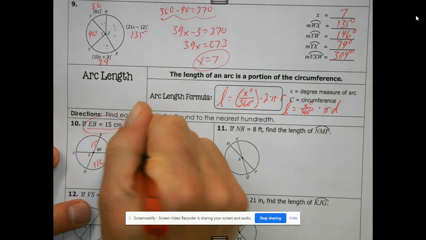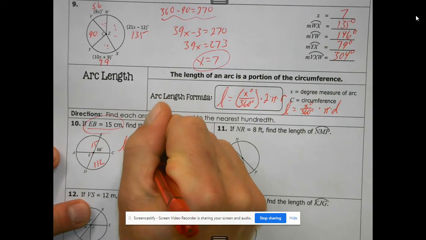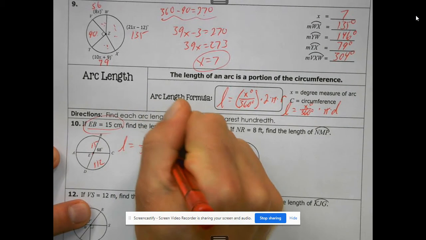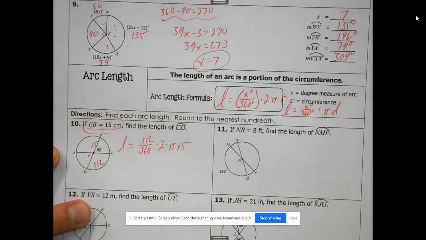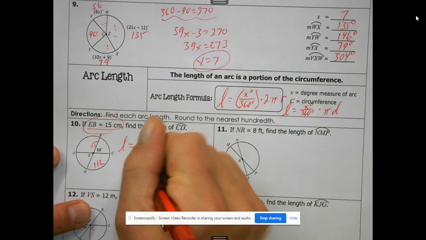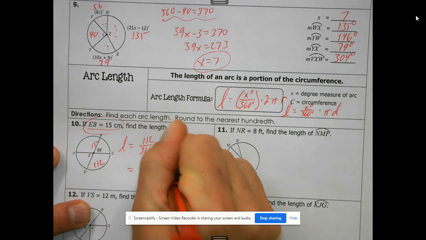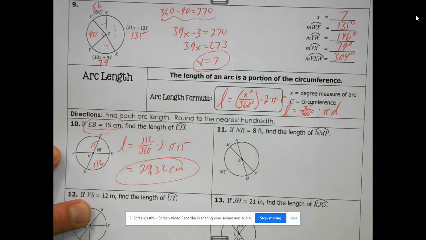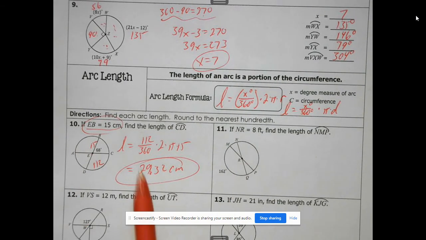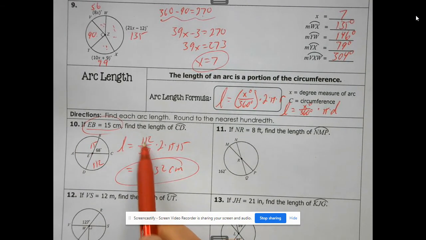So arc length, central angle is 112. Divide by 360 times 2 times pi times radius. Just push the buttons. That's all you got to do. Answer comes out to be 29.32. Label is centimeters. So the two pieces you need, central angle and radius.